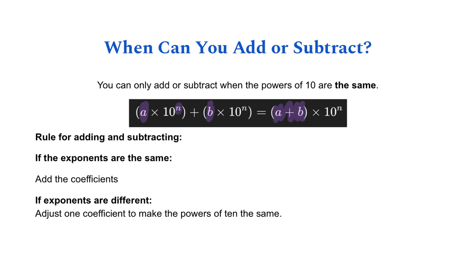Here, you can see that they have the same exponents, and the only thing we're doing is adding the coefficients. And what happens if the exponents are different? We have to adjust one of the coefficients to make the powers of 10 the same. Let's go and see how that's done.